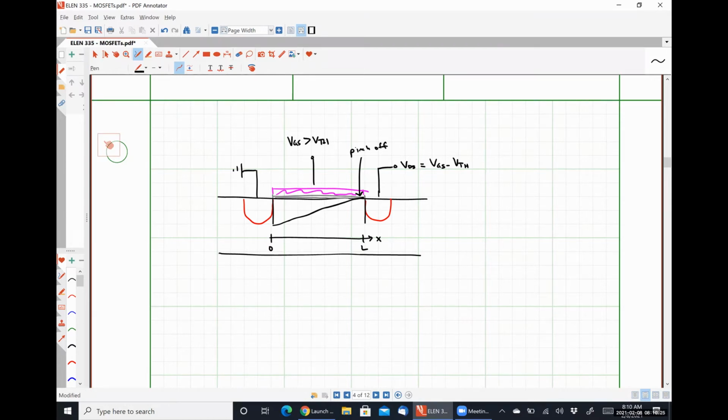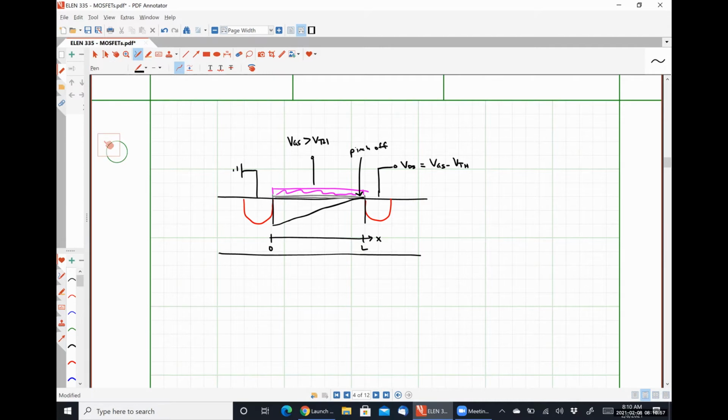When that current can no longer increase, a change in VGS does not give us a change in our drain current of ID. This is what's called our saturation condition for a MOSFET transistor. An increase in VGS specifically does not cause a change in our output signal, which in this case is our drain current.